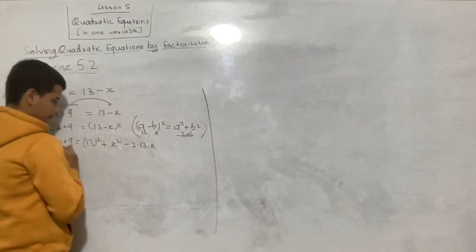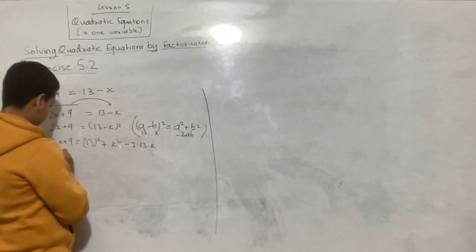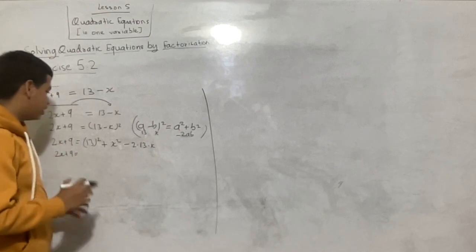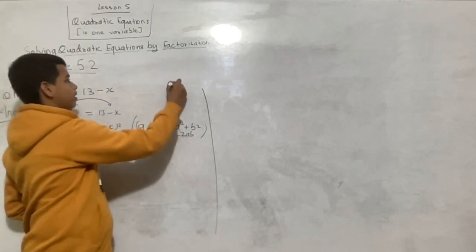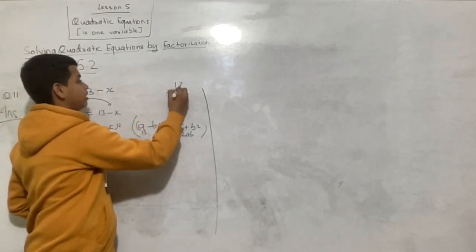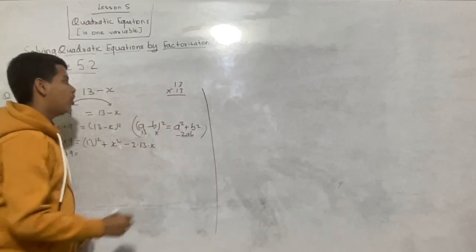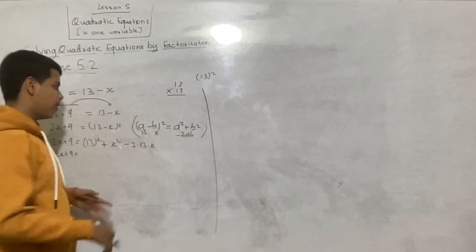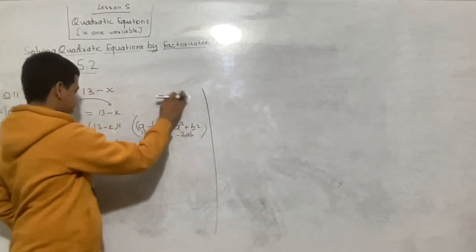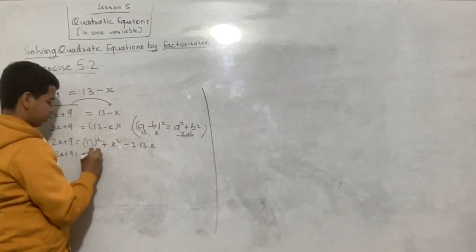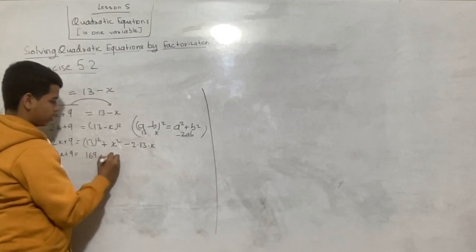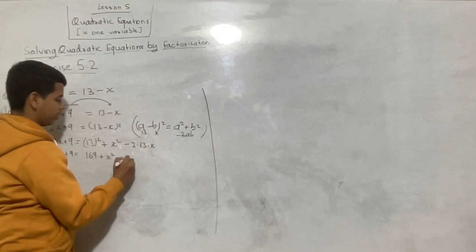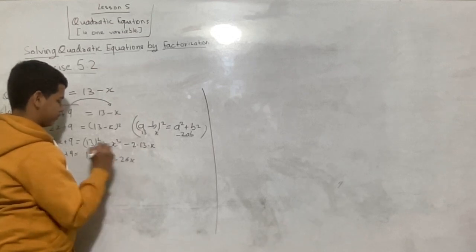Now here when we solve this, plus 9 is equals to 13. Now 13 square, you can either use your normal traditional method for solving, or you can use your Vedic maths method, or you can just memorize the square of 13, which is 169. 169 plus x square, and then 13 into 2 is 26 minus 26x.